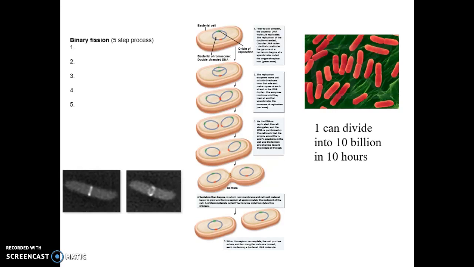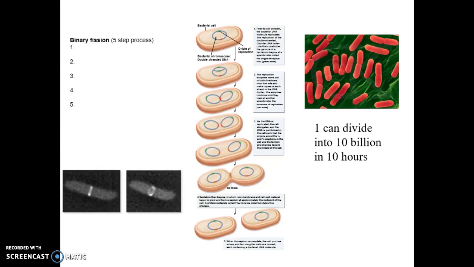And then as it moves into step 4, a dividing wall or line or structure called the septum will begin to form. So this is how the cell is going to actually get split in half. So it elongated into this rectangular or tubular structure, and the septum begins to split in half, ideally in the center of the cell, so that one loop of DNA is on the right, one loop of DNA is on the left.